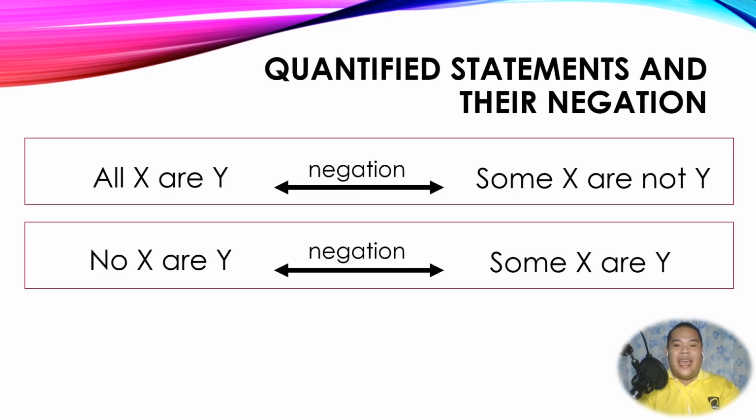So how do we negate these quantified statements? Negating the statement all X are Y will become some X are not Y. Negating the statement no X are Y, it will become some X are Y. These are vice versa.